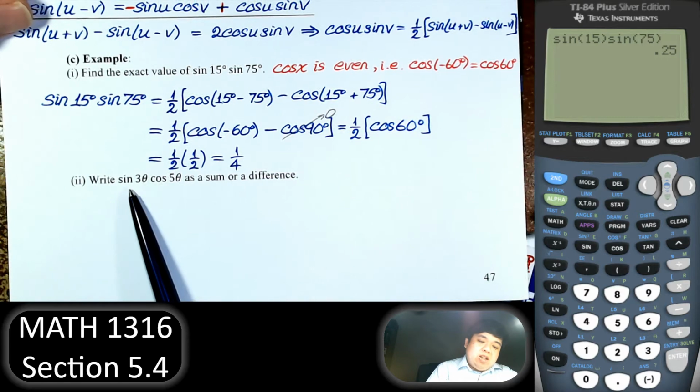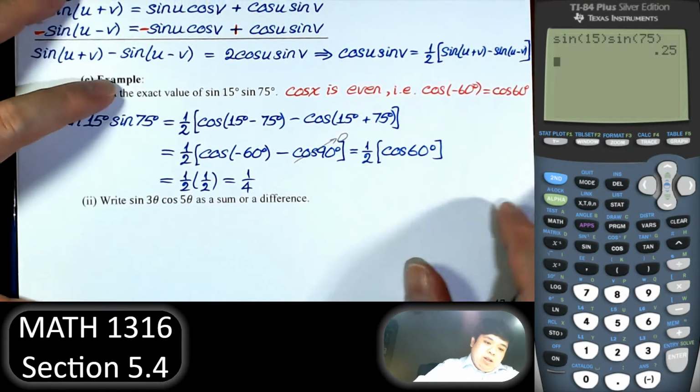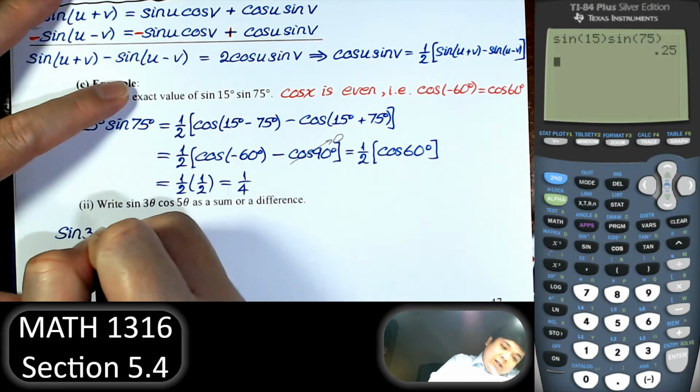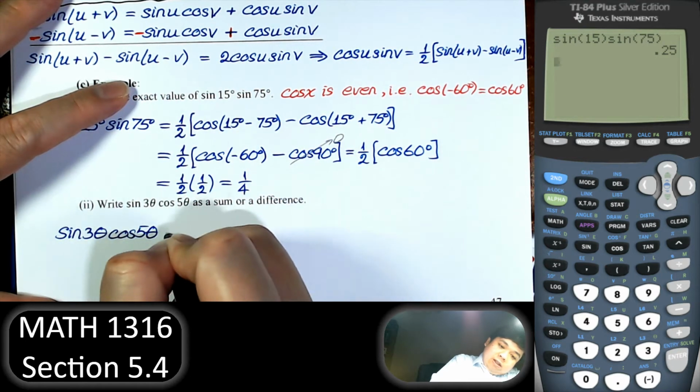Next, express sine and cosine as a sum or a difference. So sine of 3 theta and cosine of 5 theta.